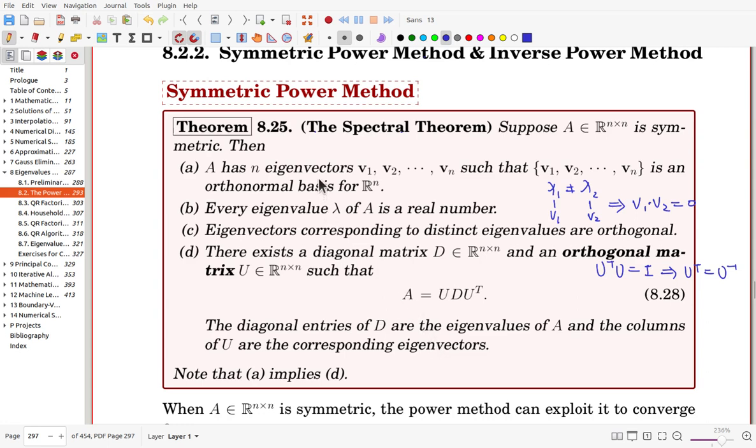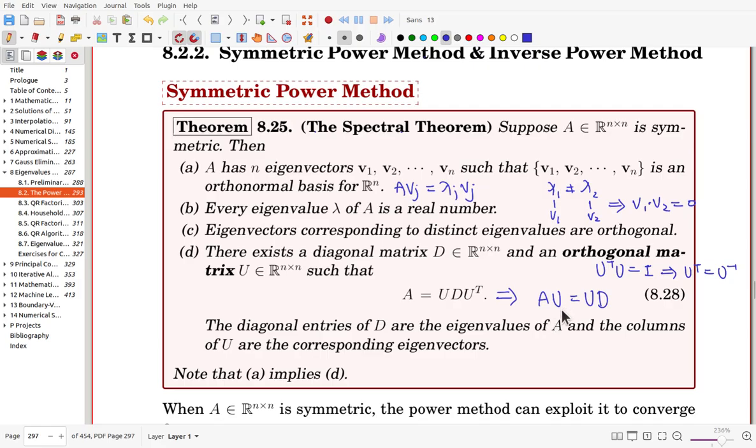Now, this one implies this one quite simply. Let's say the corresponding eigenvalues are lambda j, then that means that A Vj equals lambda j Vj. Now we rewrite this one, then we multiply U to the right side, then U transpose U will be identity, so that AU is the same as UD.